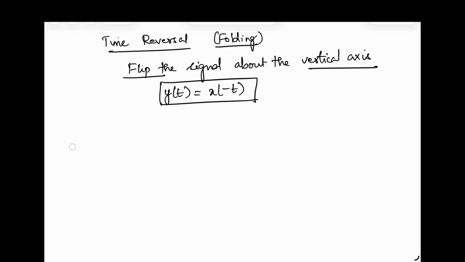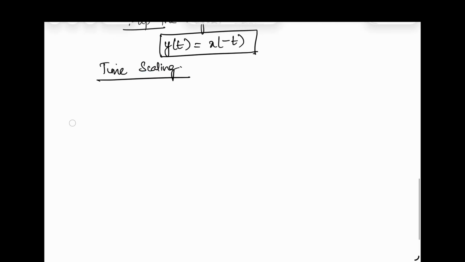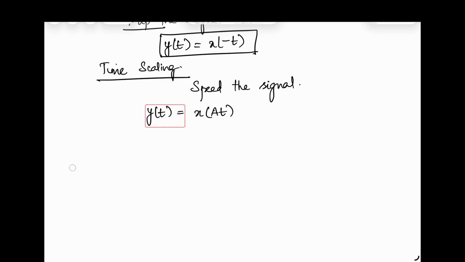Then we have time scaling. Time scaling is where we change the speed of the signal. Technically speaking, changing the speed of the signal you can call time scaling. In case of time scaling, the expression is y of t is equal to x of a into t.